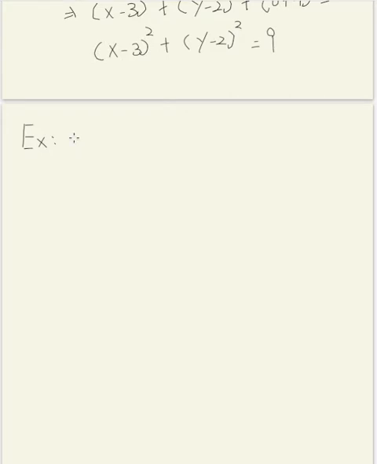Suppose we have the surface x squared minus 4y plus z squared equals 0.